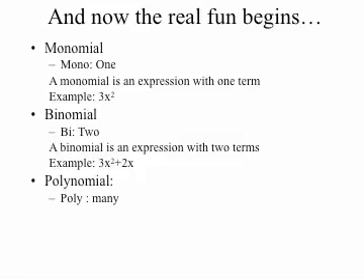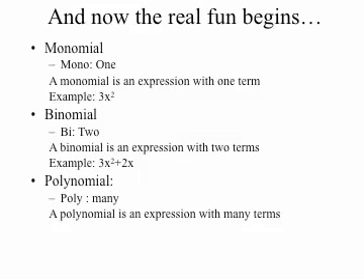A polygon has many sides. A polynomial has many terms. An example of a polynomial is 3x squared plus 2x plus 3. In this case, it happens to be a trinomial. It has three terms. A polynomial could have 2 or 3 or 4 or 100 different terms. Poly simply means many.